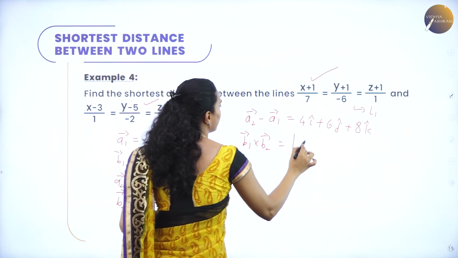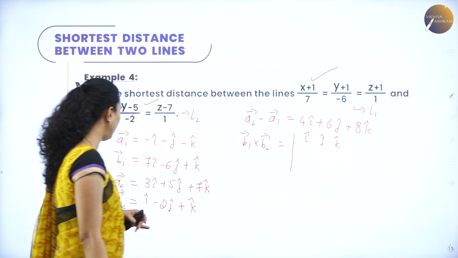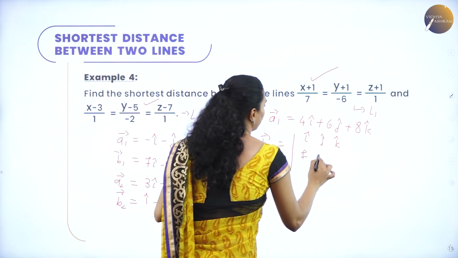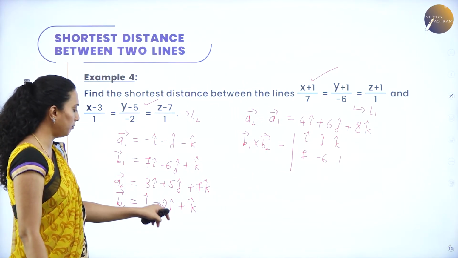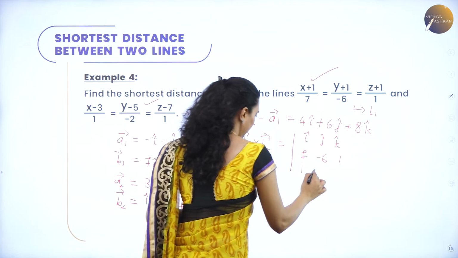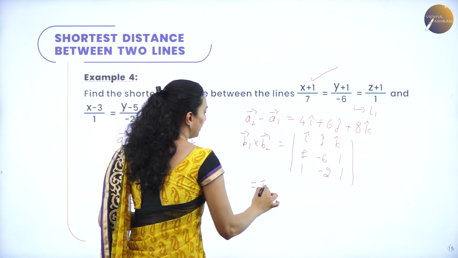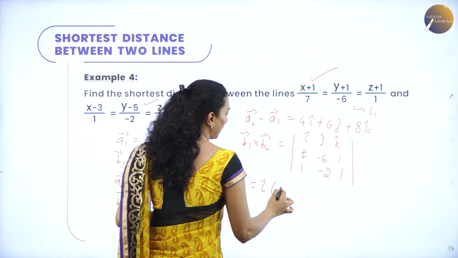First write down i j k, then write down the coefficients of B1: 7, minus 6, 1. Similarly, write down the coefficients of B2: 1, minus 2, 1. Expand this. So i into, leaving the first column, first row, minus 6 into 1 is minus 6.